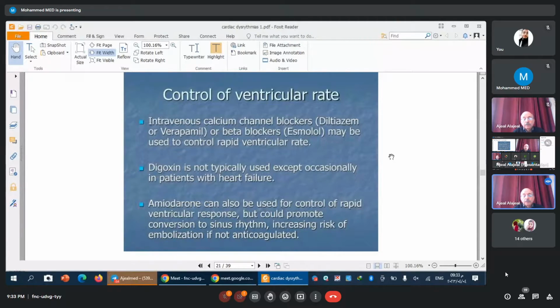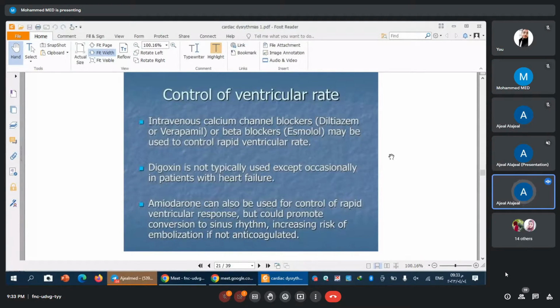But if you get a response at 3 milligrams, don't push the rest of it. If you get a satisfactory response, just stop. Always do this yourself. Don't let the nurse give intravenous verapamil. Digoxin sometimes is given.